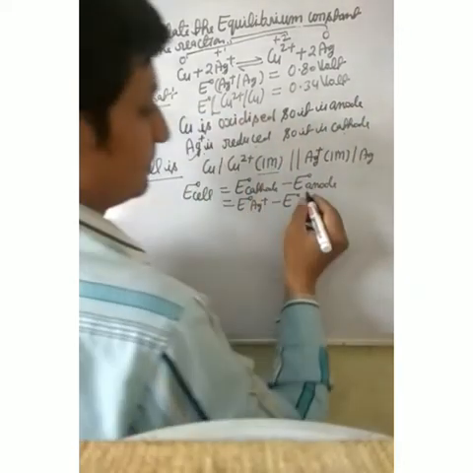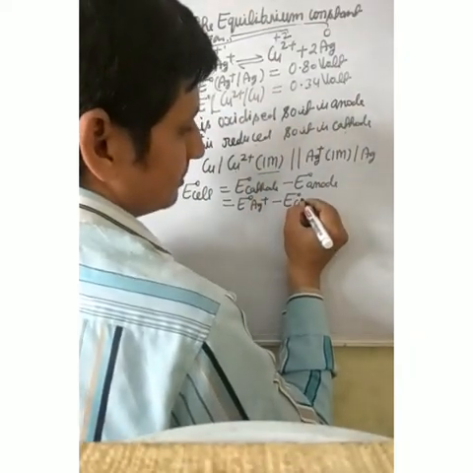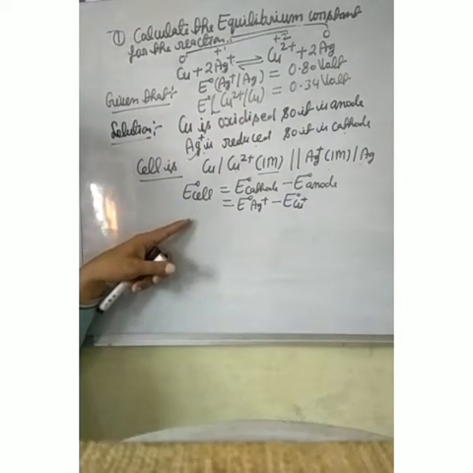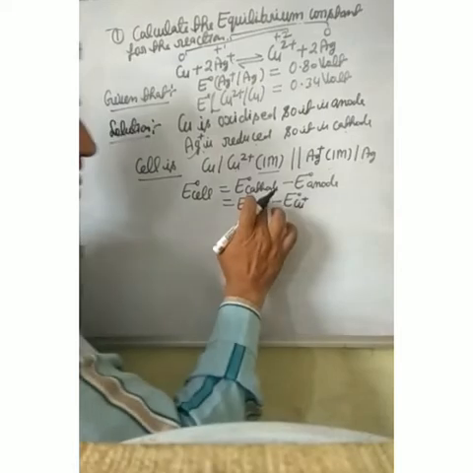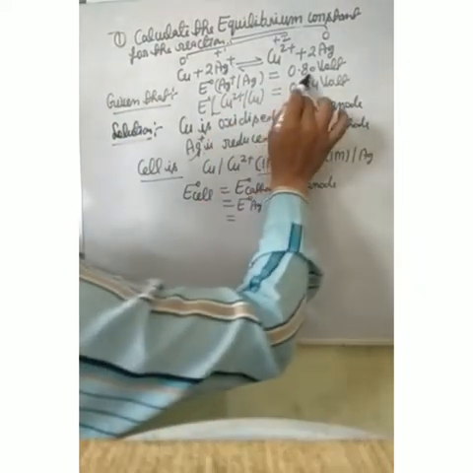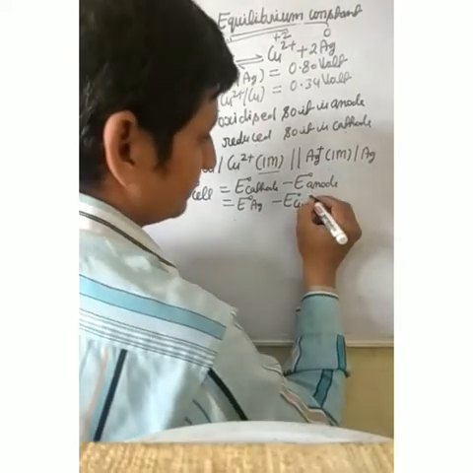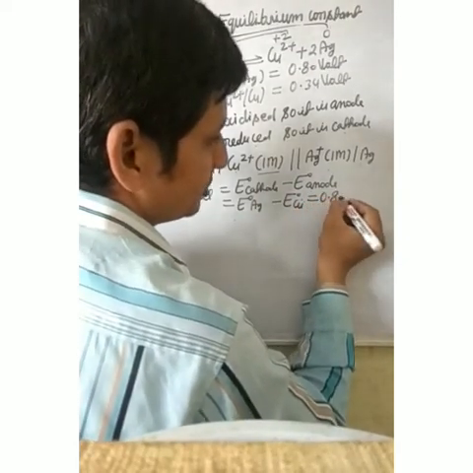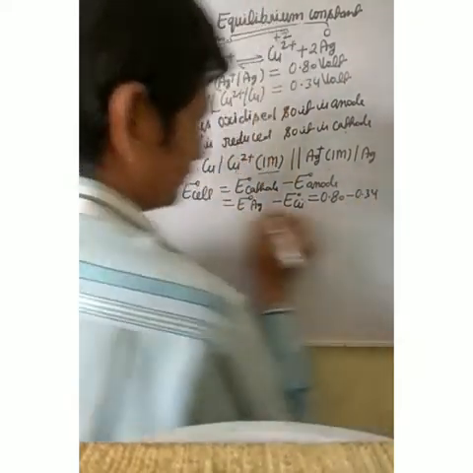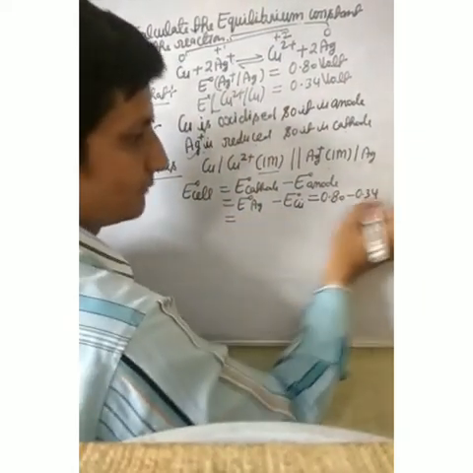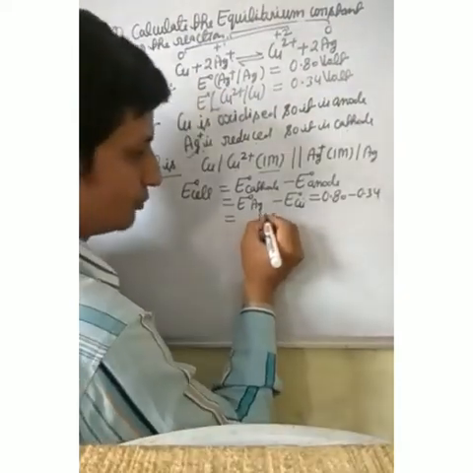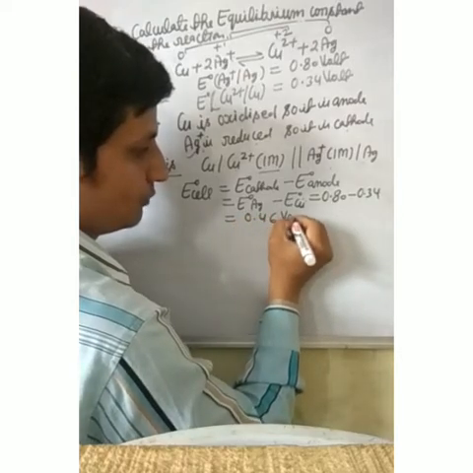The anode is copper, so E naught copper ion. We can also say E naught silver minus E naught copper. The value of E naught silver is 0.80, so we take 0.80 minus 0.34. Subtract it: 10 minus 4 is 6, 7 minus 3 is 4. So 0.46 volt.